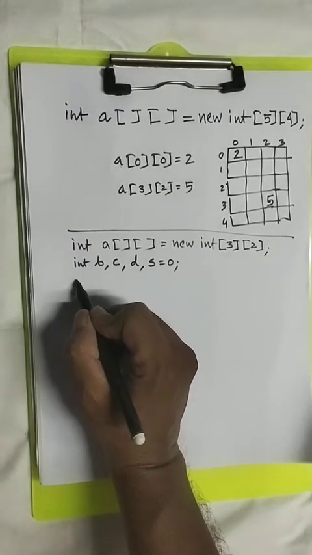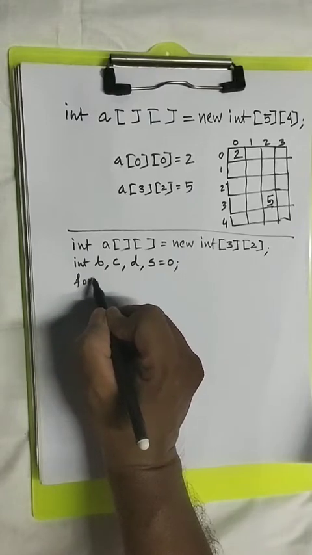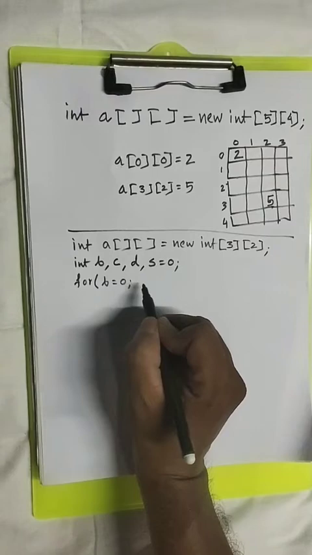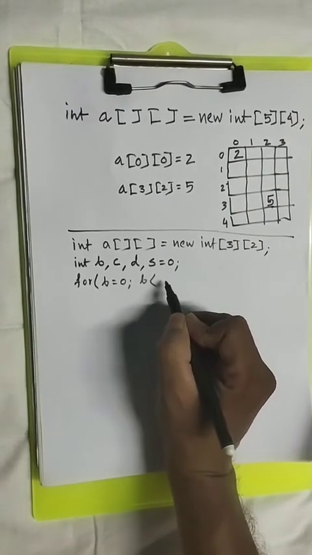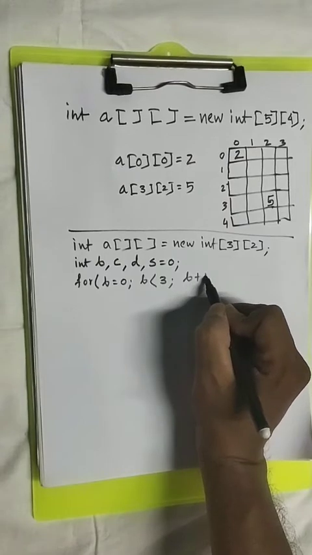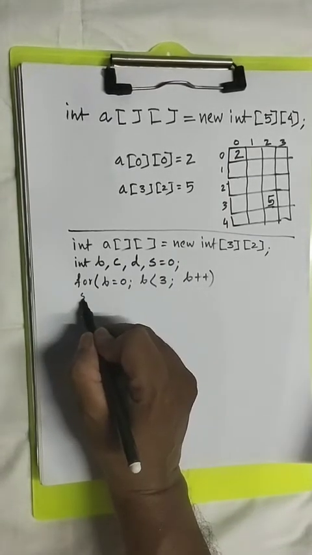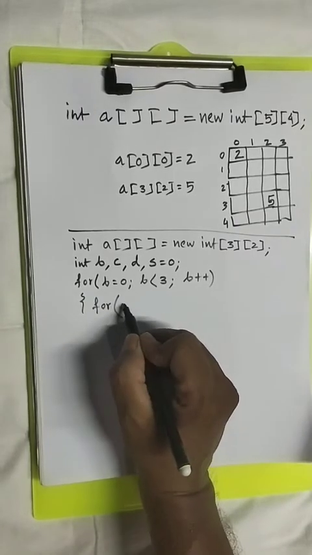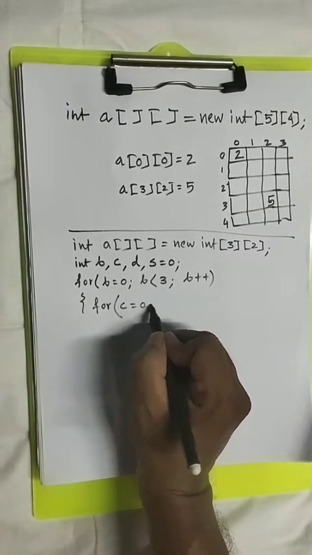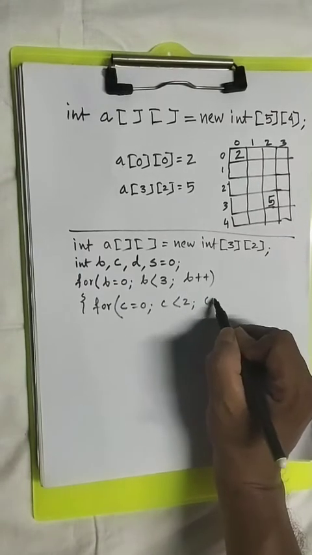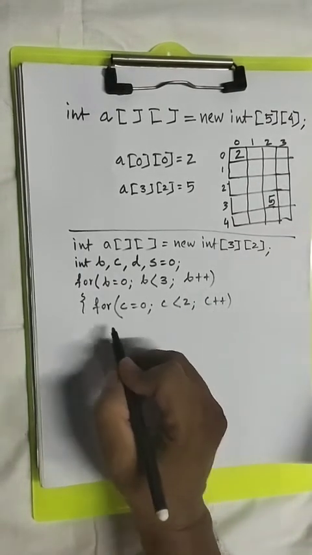I'll create one loop for b equal to 0, b less than 3, b plus plus. One more for loop, c equal to 0, c less than 2, c plus plus.